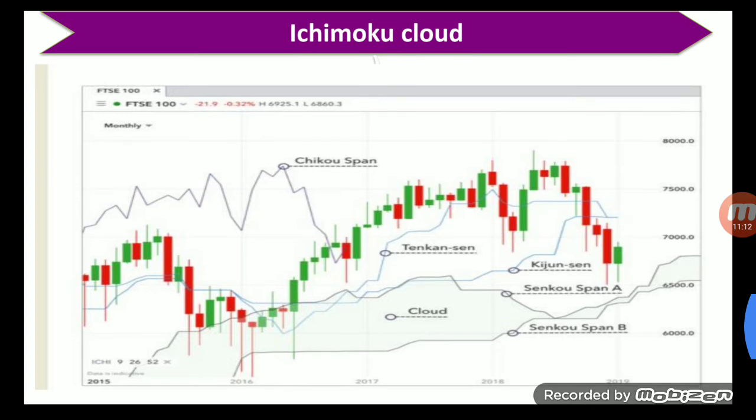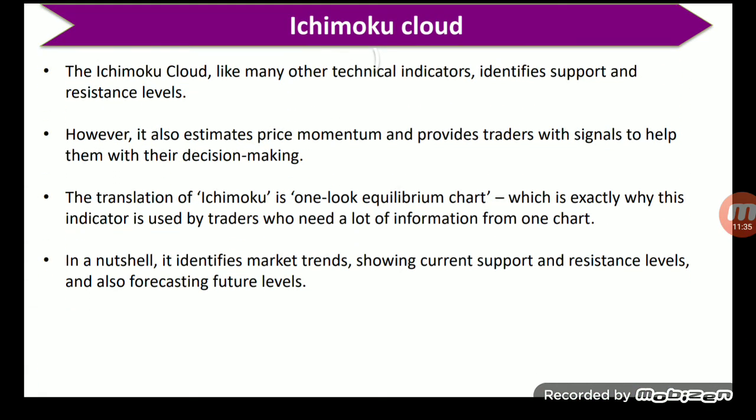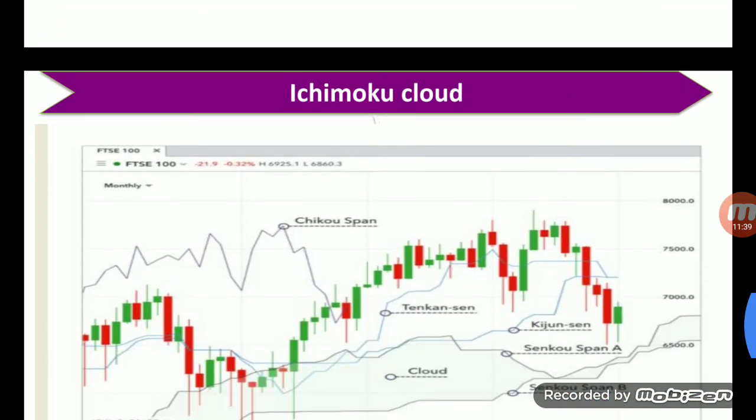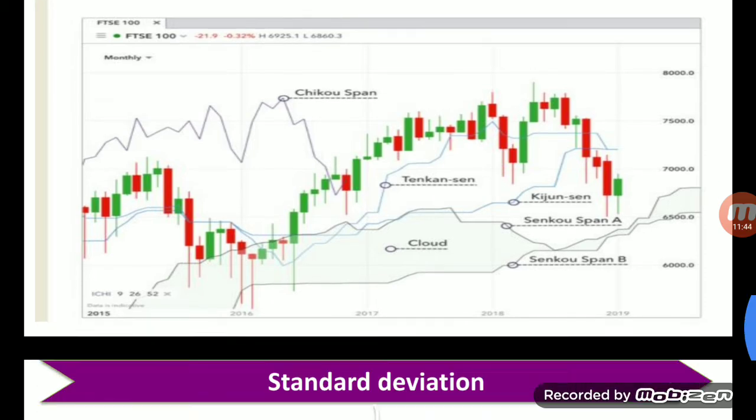You can see the different indicators used in it. Here the Bollinger Band is there, and all other indicators are used which can help identify market trends, current support and resistance levels, and price forecasting in the future also.